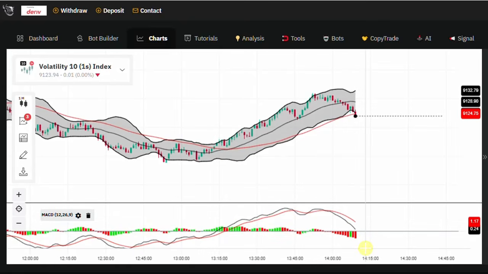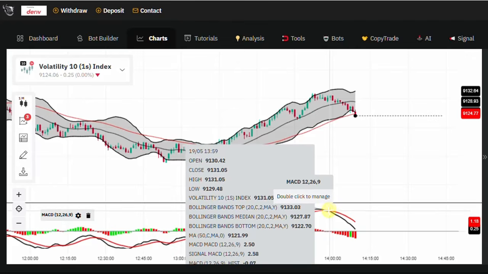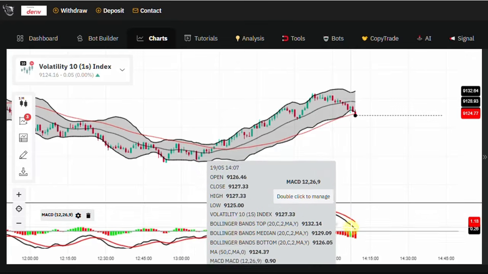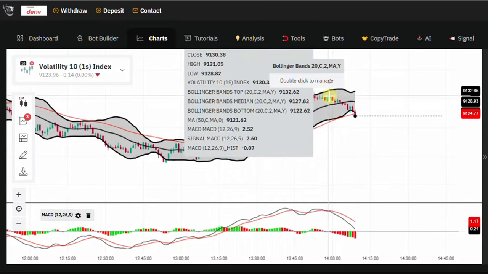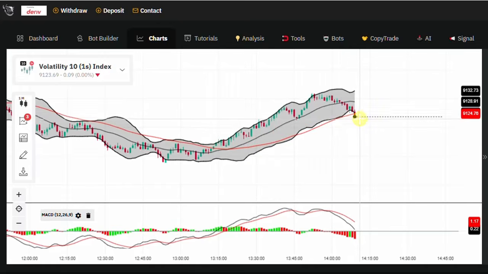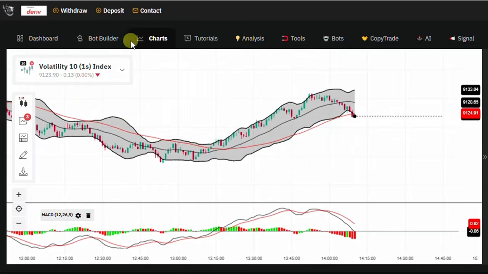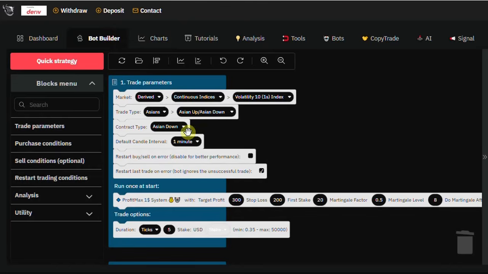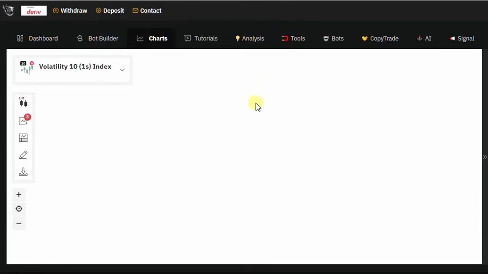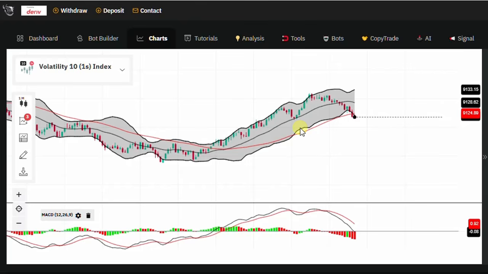You see, it's very simple. You can see the downward trend. And that is where now you can come to your bot and trade Asian down. Okay, and then of course vice versa for the Asian up.